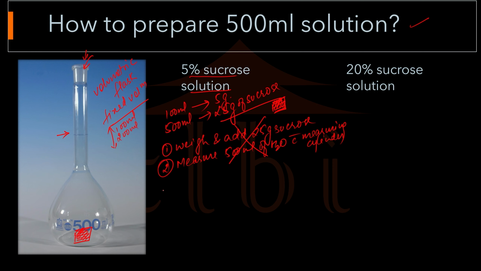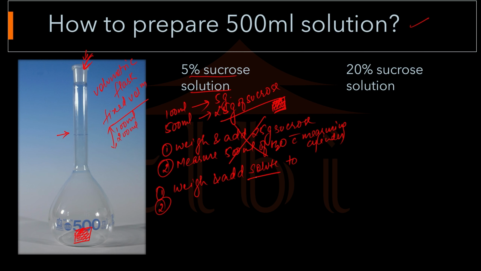Okay, so what is the correct method? So we have weighed and added 25 gram of sucrose here, right? And in the next step, so the correct method is, first you weigh and add solute to, so I am writing solute so that you can generalize the same method for any solution you prepare in your lab.